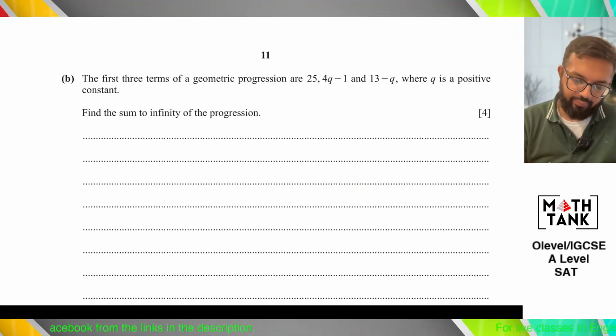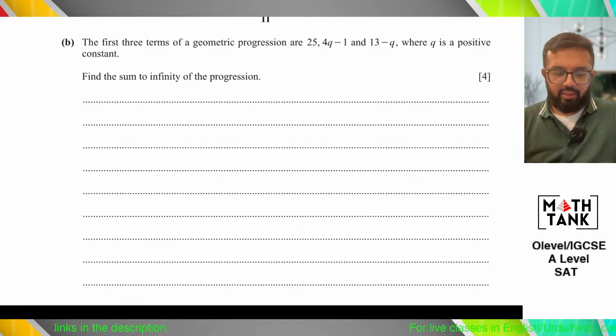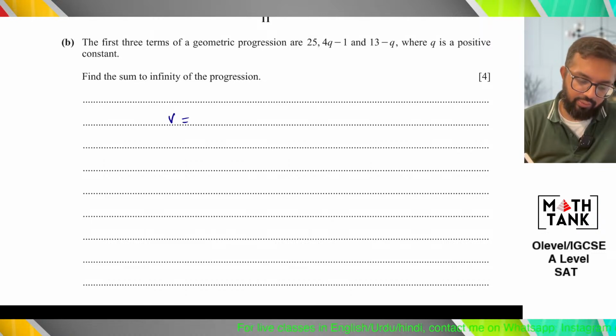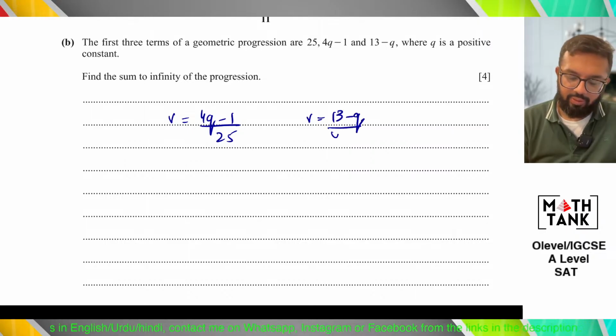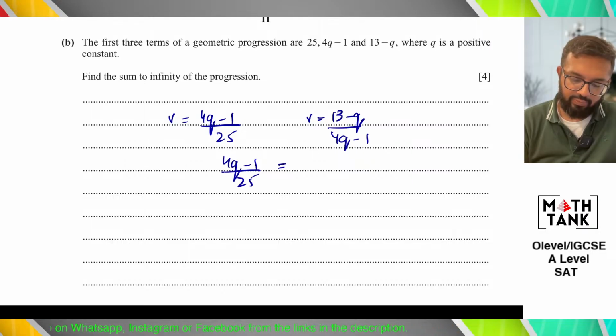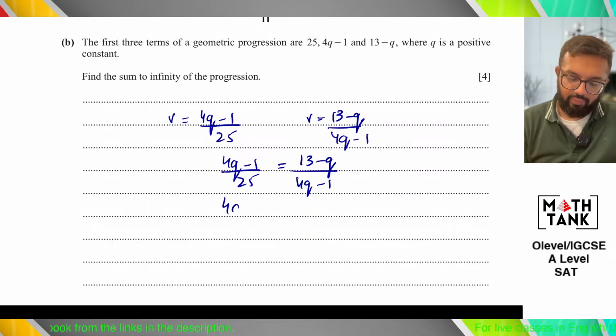Instead of having an arithmetic progression, I now have a geometric one. When I have a geometric progression, I rely on the common ratio. Dividing subsequent terms gives me the ratio: 4q minus 1 over 5 is the same as 18 minus q over 4q minus 1. So 4q minus 1 whole squared equals 25 times 30.